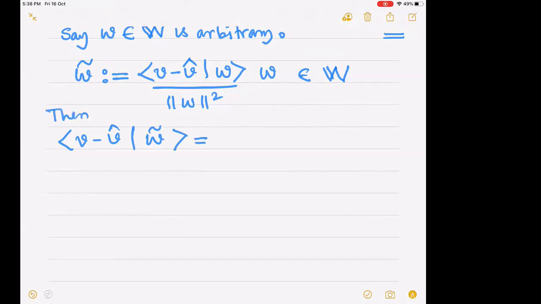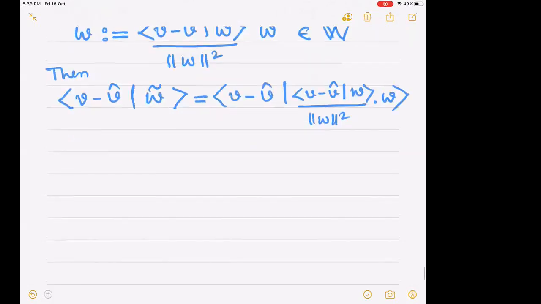Expanding out, for W tilde I write V minus V hat inner product W, divided by norm W squared, times W. Now use the sesquilinearity property.